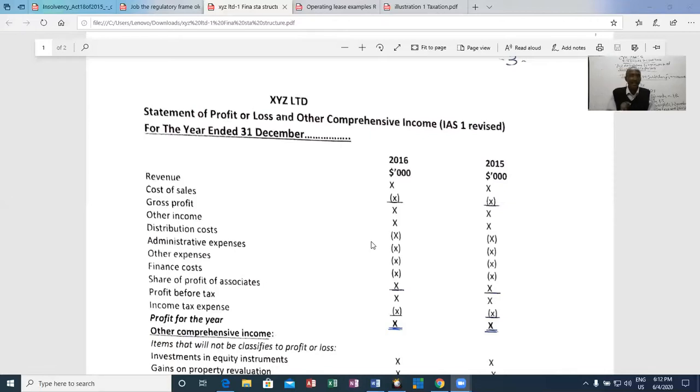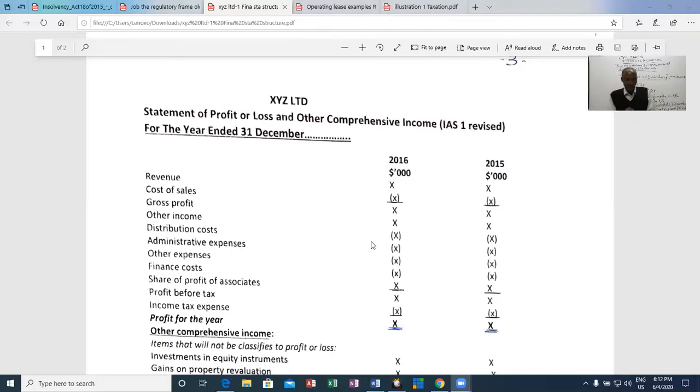But if you earn income in other ways, if, for example, you had a fleet of vehicles, you may sometimes exchange those old vehicles for new vehicles and generate certain income in that process, certain gains. We may not necessarily include those gains under the operating profit. We may create a different heading.